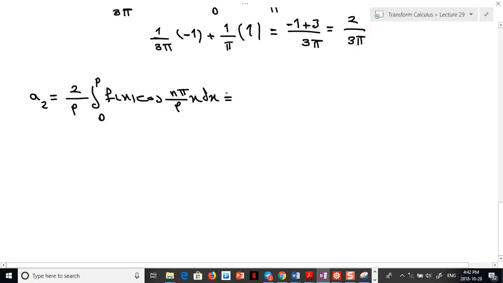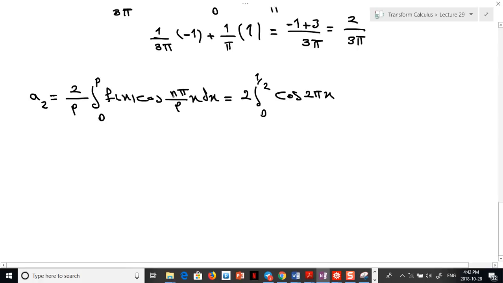We have the same scenario, p is equal to 1, so we have 2 times the integral from 0 to 1, but we know that the function is equal to 0 when x is between half and 1. As a result, just consider the integral from 0 to half. f(x) is cosine 2 pi x, and I want to find a_n when n is equal to 2.